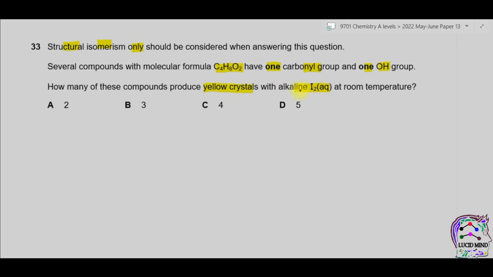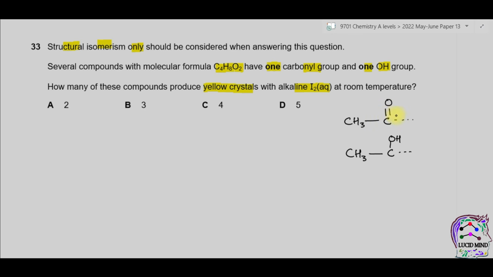Now we know for alkaline aqueous iodine, we need to have CH3 directly bonded to any carbonyl carbon, or CH3 directly bonded to carbon having OH. This should be secondary alcohol. This can be a ketone or an aldehyde.